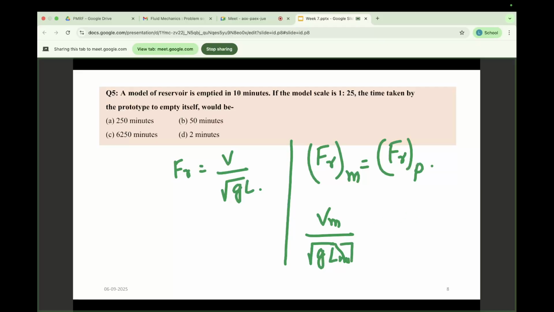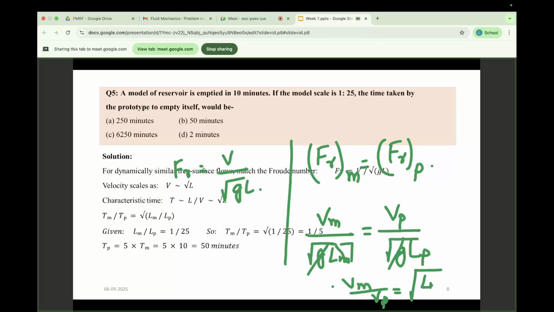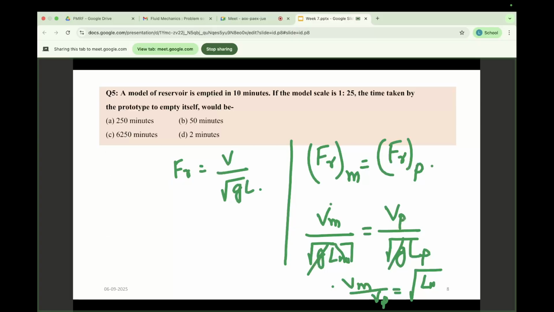Gravity is the same in all cases, so g cancels. So Vm by Vp equals root of Lm by Lp.